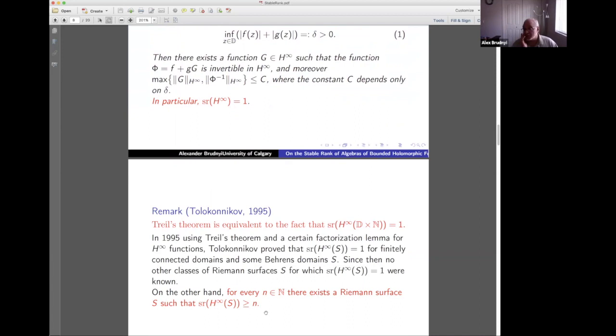Still, I don't know whether it is finite or not, because I can compare the stable rank with the stable rank of H infinity on the open polydisk of radius n. And because the stable rank of this algebra is greater than or equal to n, here it will also be greater than or equal to n. But for the multidimensional situation, we don't know even the Corona theorem there, and stable rank is more complicated, because somehow the Corona theorem is a local notion.